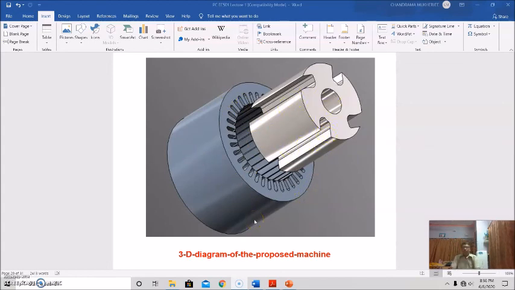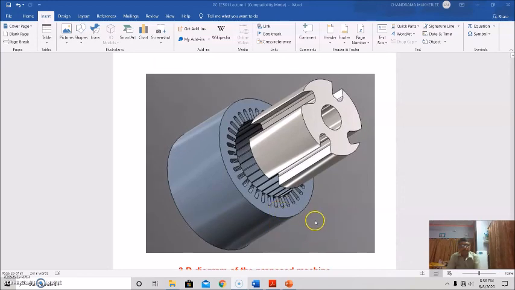So once again, this is all about the fundamentals of AC windings, and after studying this, if you have any problem, as I told you, you can contact me over my email, mobile number or WhatsApp number.